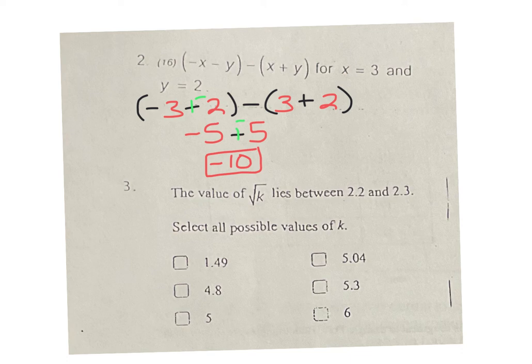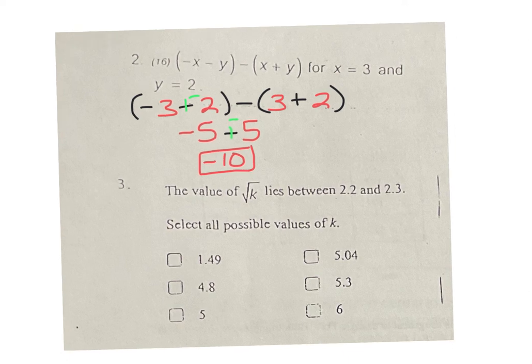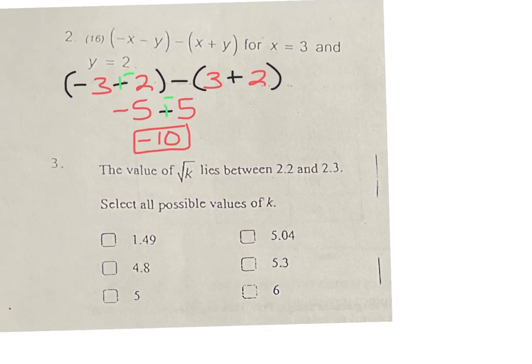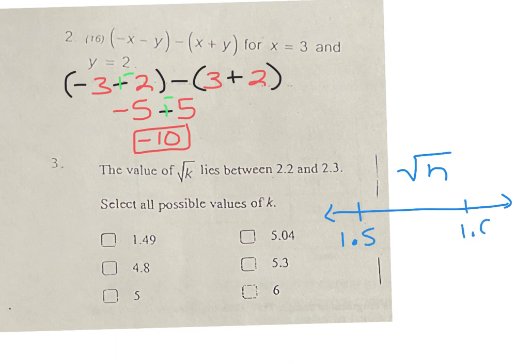As I take a look at number 3, rather than doing number 3, I'd like to do a sample. If we have the square root of h lies between, let's take a look at a number line here, 1 and 5/10 and 1 and 6/10.